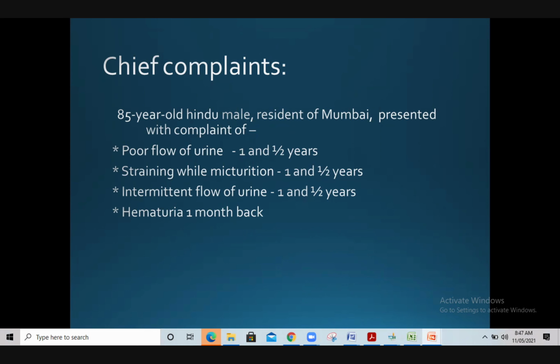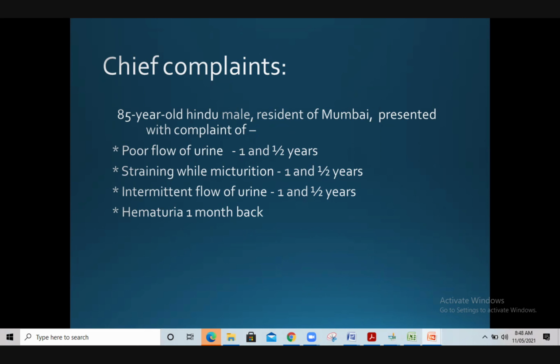What are his bowel habits? Does he have constipation? No complaint of constipation, no straining at stools. Okay. What is his frequency like, daytime and nighttime? He gets up only once in a night, and during the day every 2 to 3 hours he passes urine.